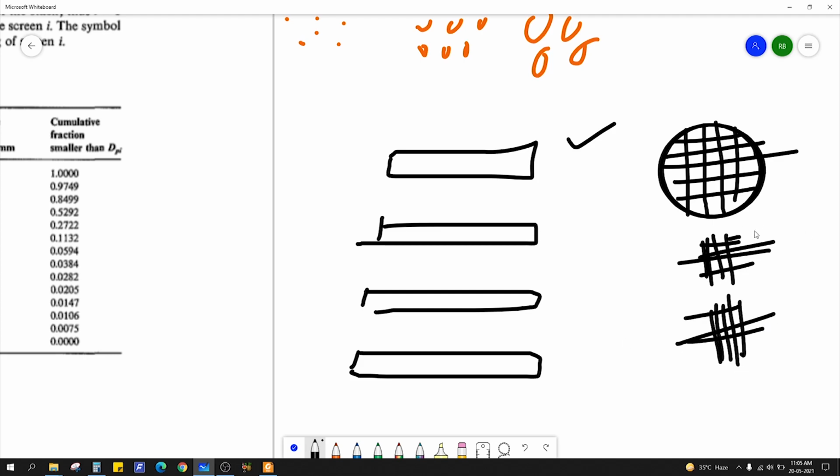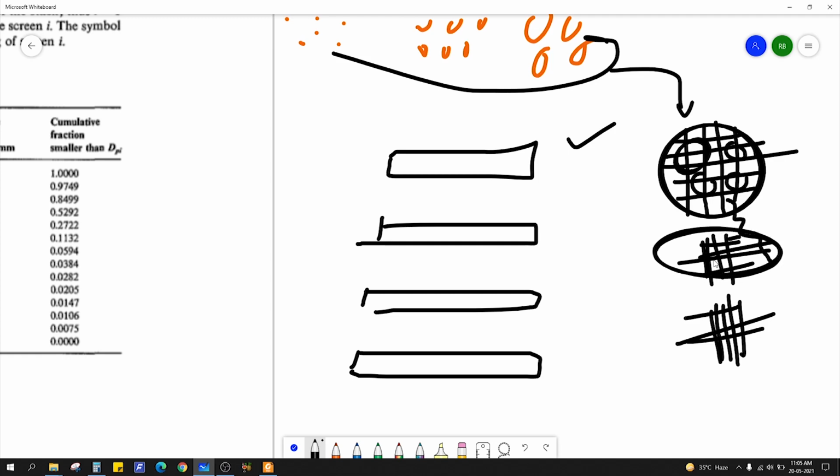So what happens if you put this mixture here on the top, then shake a little bit? The bigger particles will be trapped here, right? And the smaller particles will pass through to the next screen. On the next screen, again the smaller diameter will be trapped here, again the smaller than this will be trapped here, and so on.